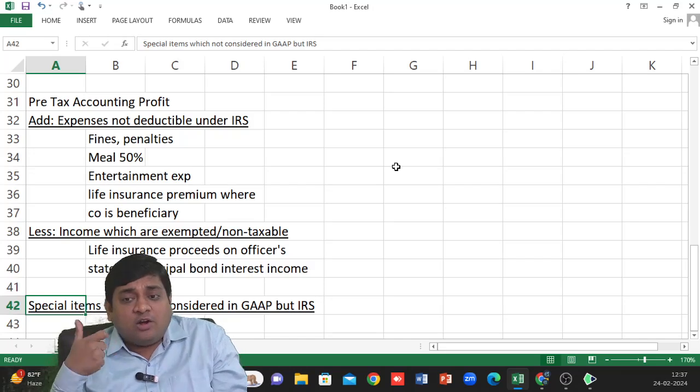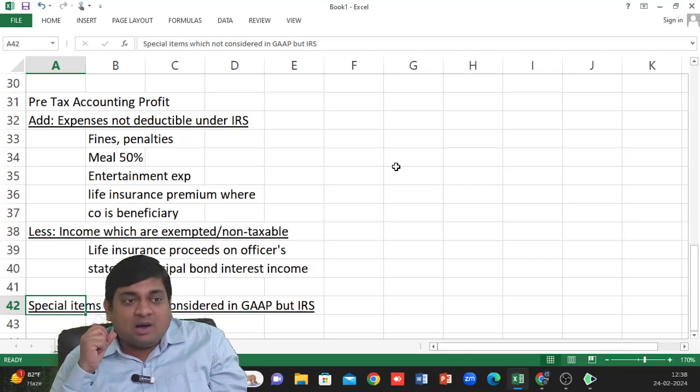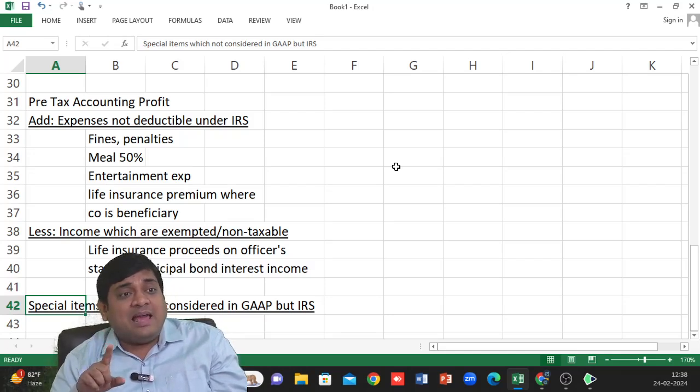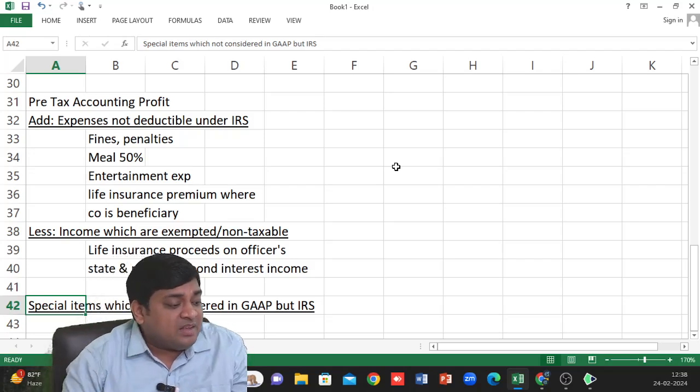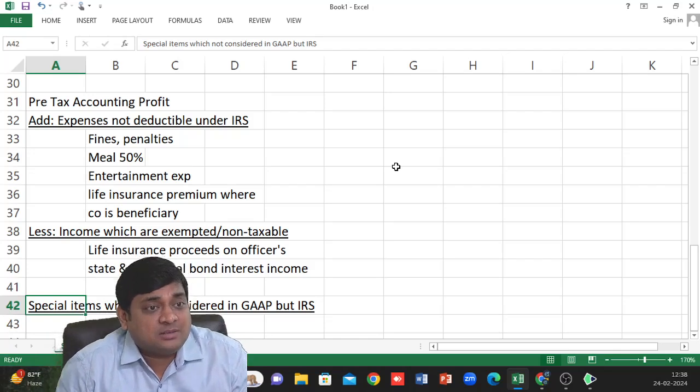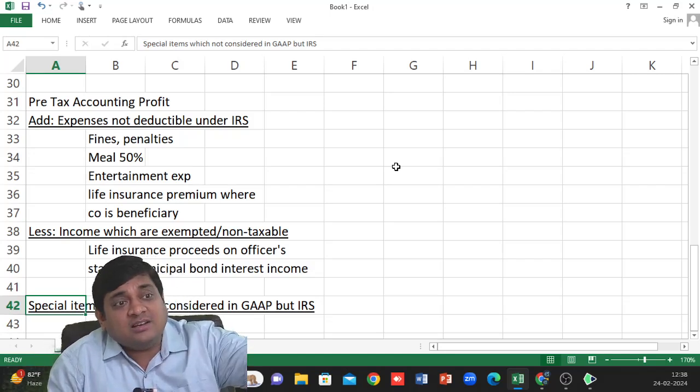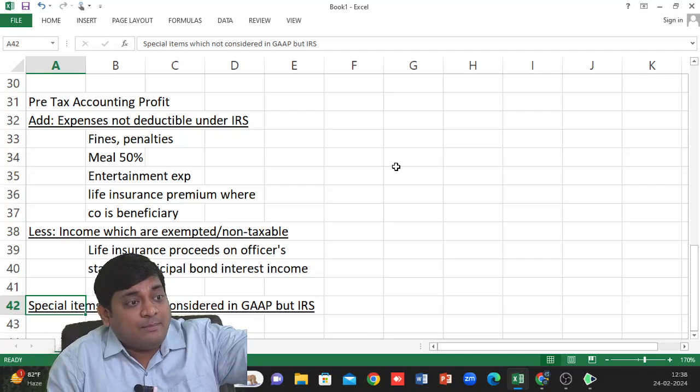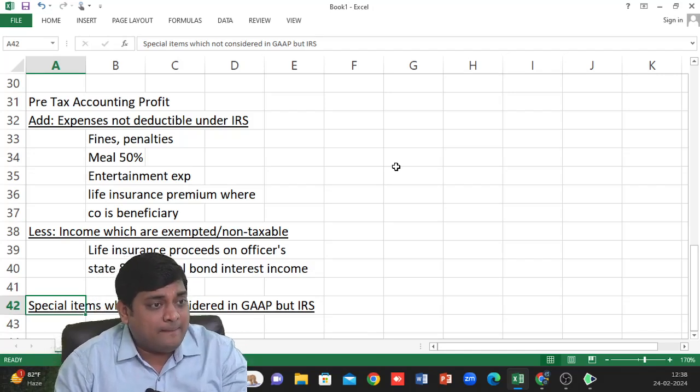Now the government, in order to promote this type of expenditure, says: fine, you incurred 1 lakh, but I will give you a deduction for 1 lakh 50. It means I am getting some special deductions or excess deductions, like in India we have. That amount is not considered in GAAP, but it is the excess deduction which I am getting.